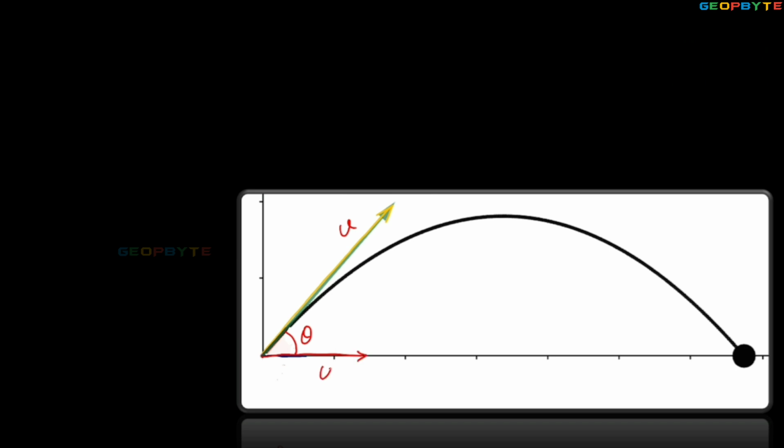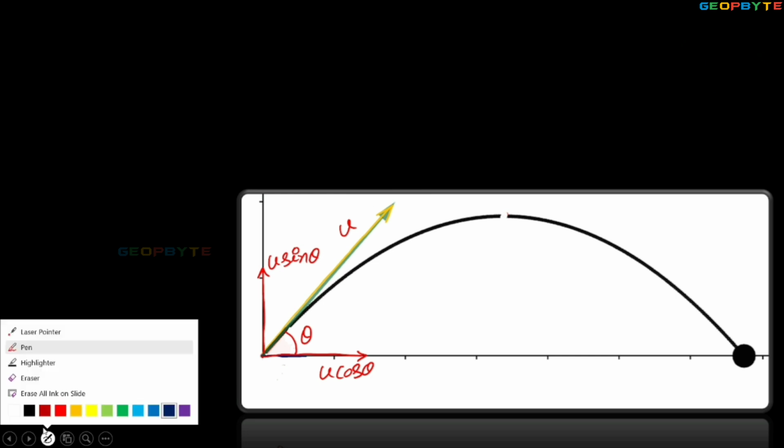Horizontal component of velocity u cos theta, and vertical component of velocity u sin theta. Then by the time the projectile is projected, it reaches the topmost point. This is the topmost point.